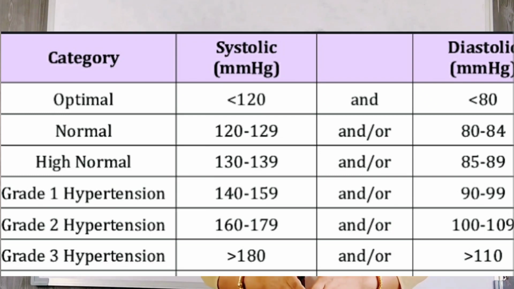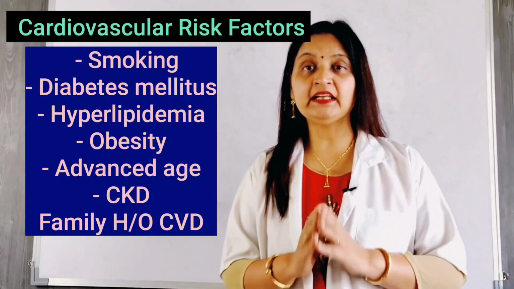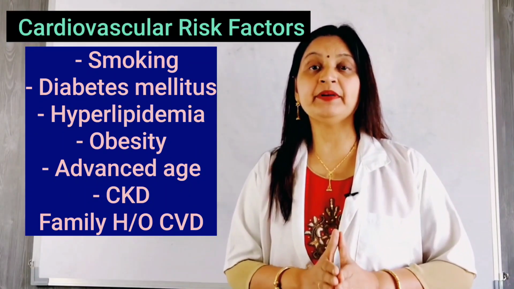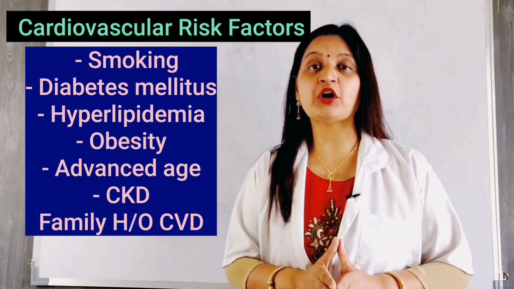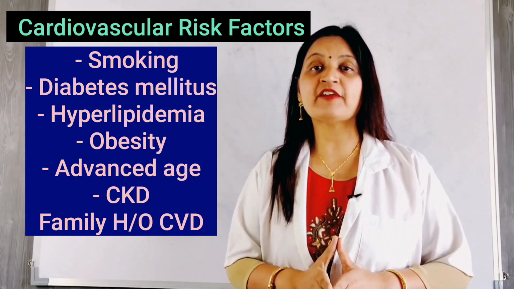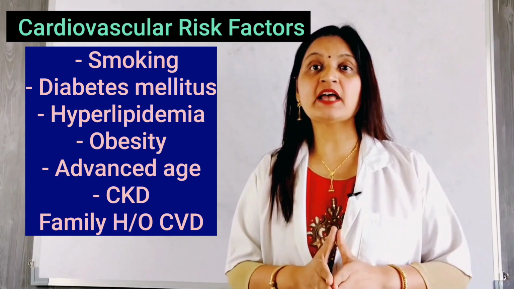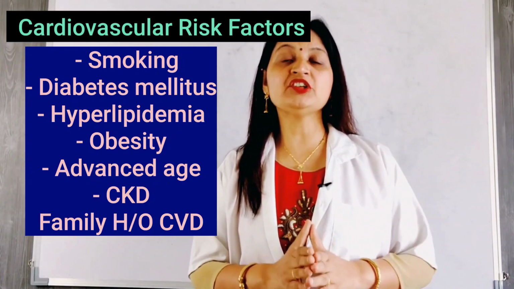Speaking of the risk factors, some of the risk factors other than blood pressure are smoking, diabetes mellitus, hyperlipidemia, obesity, advanced age, family history of cardiovascular disease and premature death, which can influence hypertension. So these risk factors have to be taken into account while initiating antihypertensive drug therapy.